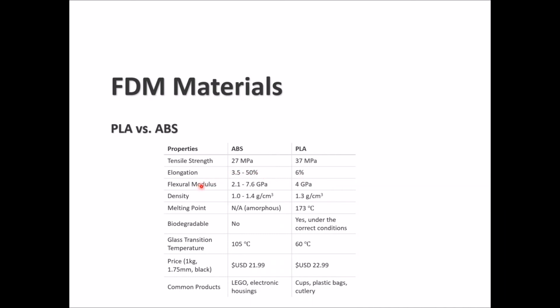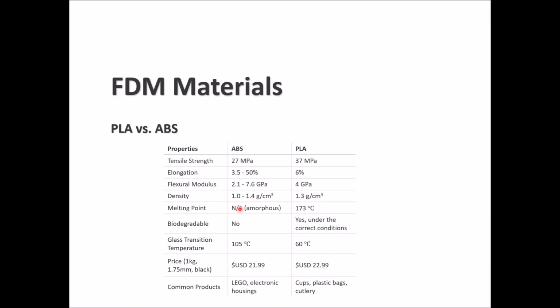For flexural modulus, you can get 2.1 up to 7.6 gigapascal for ABS, but only 4 for PLA, so ABS wins here. For density of the printed material, ABS ranges from 1 up to 1.4 gram per cubic centimeter, and PLA 1.3, almost similar.